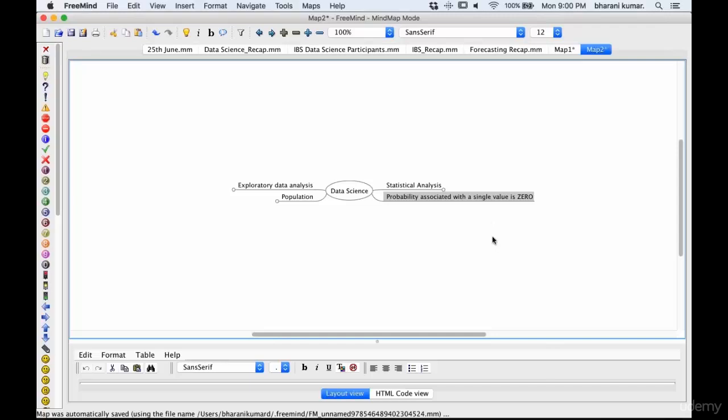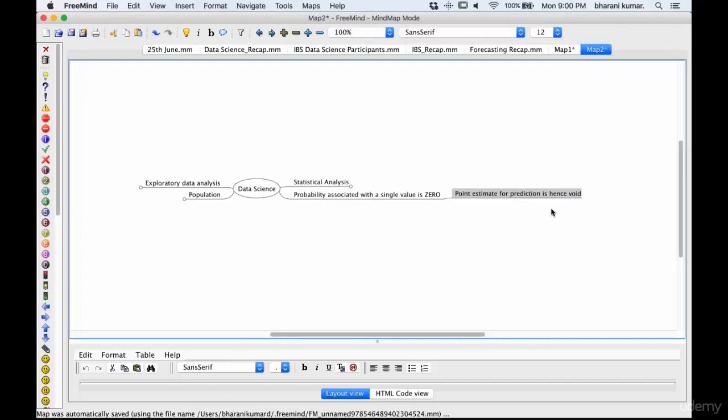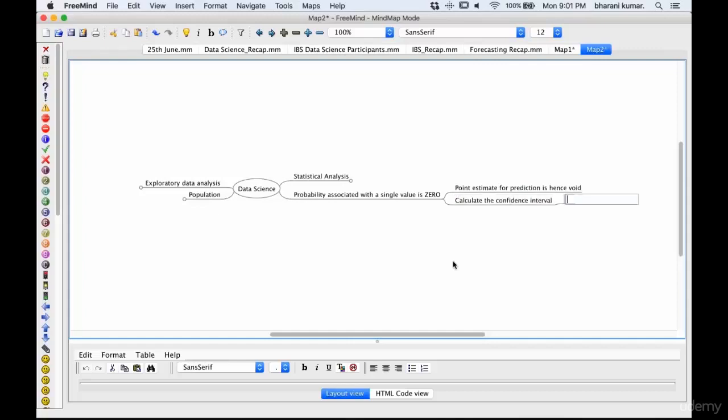Hence, we cannot use a point estimate. Point estimate for prediction is hence void. So what do I do? This is the reason why we need to calculate the confidence interval. And when you come up with this interval estimate, you should not come up with an interval estimate of your choice. There is always some confidence associated with the interval that you want to calculate.